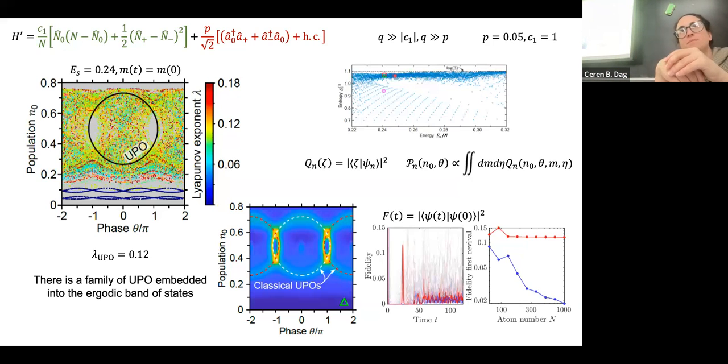The first peak is from this state, and other states eventually kill it, because there is destructive interference going on between these quantum states. But you can still have some sort of frequency here, and that frequency is actually the UPO frequency. So that's one way of understanding that these revival attempts are really coming because of the UPO.